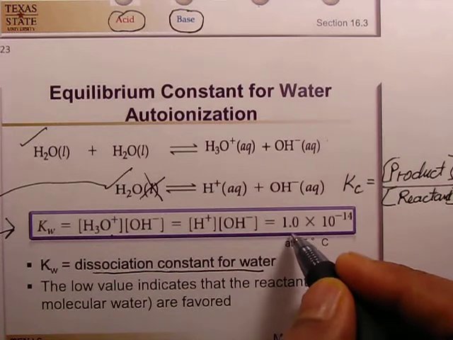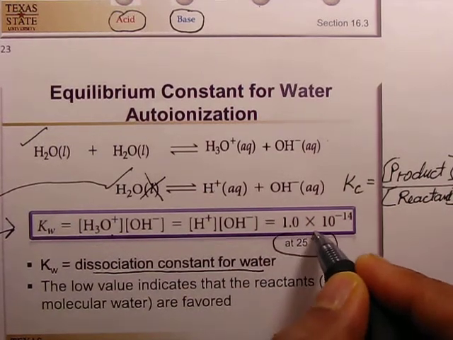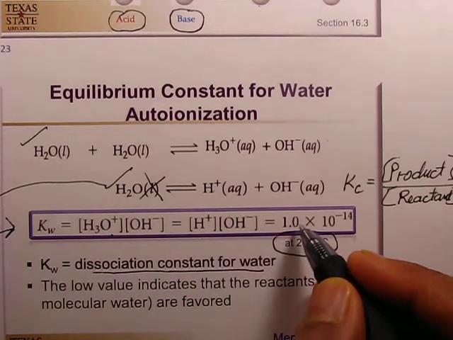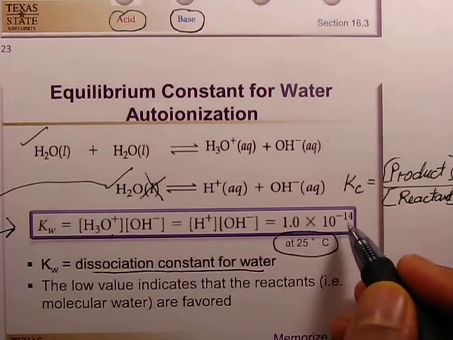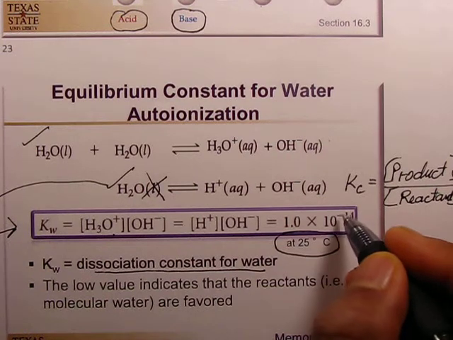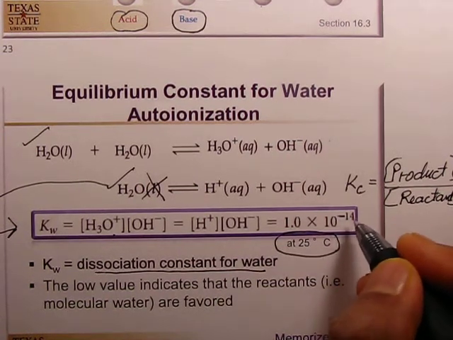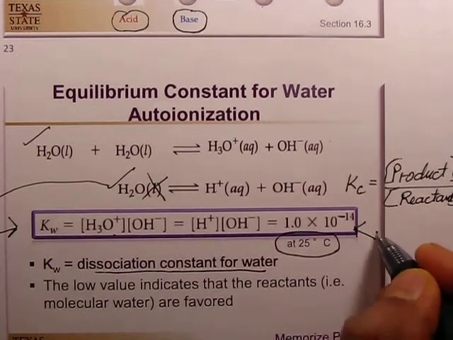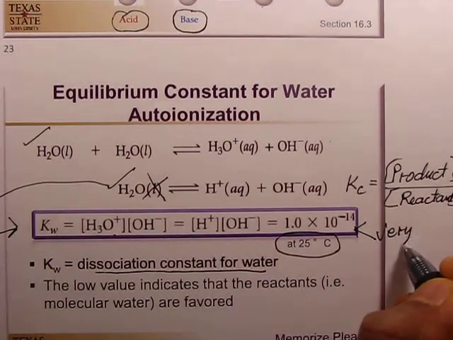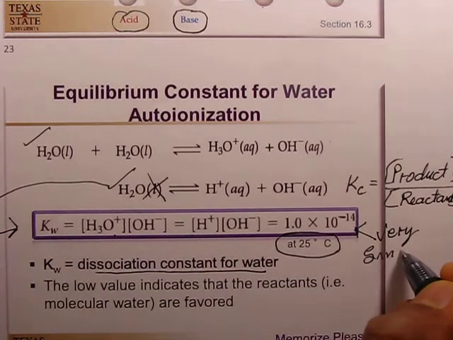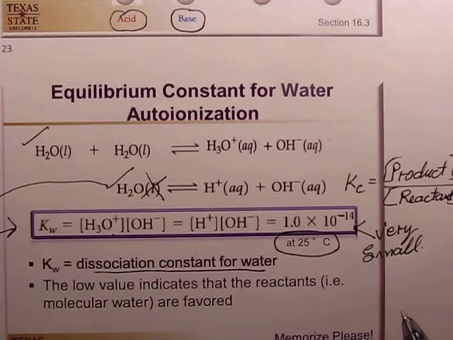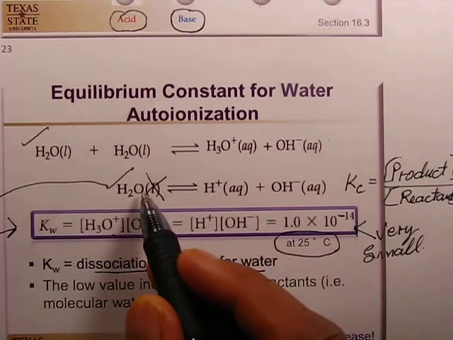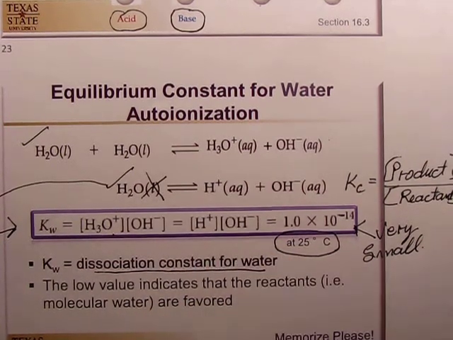And one thing is important here, that at 25 degrees Celsius the Kw value is 1.0 times 10 to the minus 14. If you remember from the previous chapter, Kw value is very small, it means the dissociation of water is very small. Hardly any water dissociates into ions.